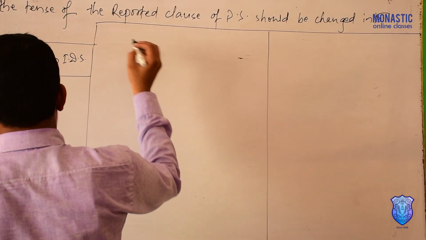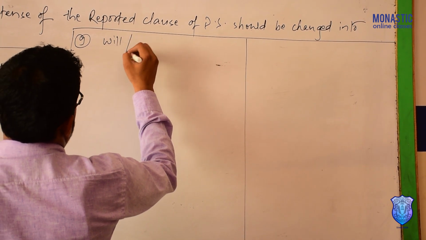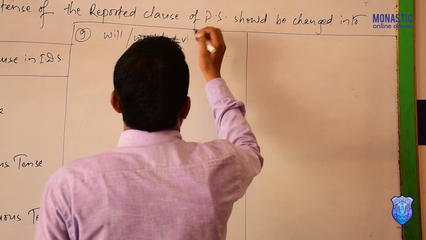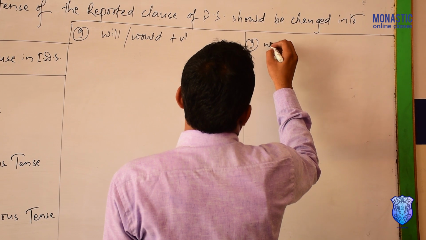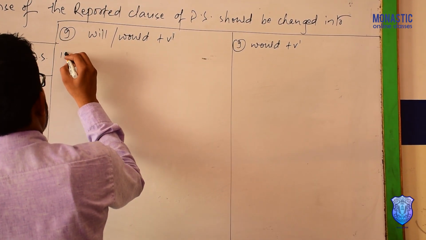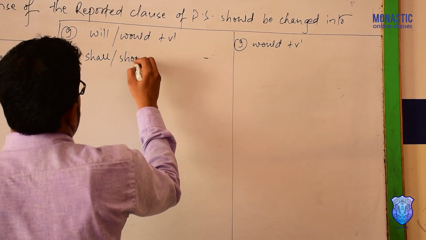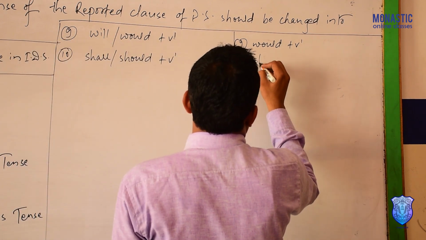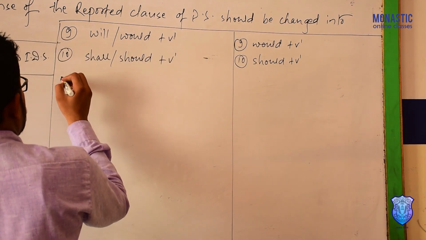If you find there is will or would plus V1, then we can change it into would plus V1. If there is shall or should plus V1, you can change it to should plus V1.